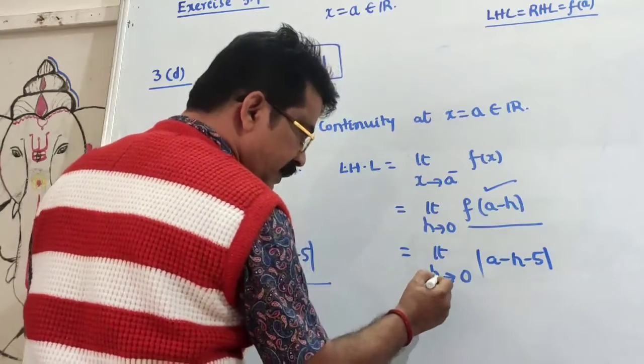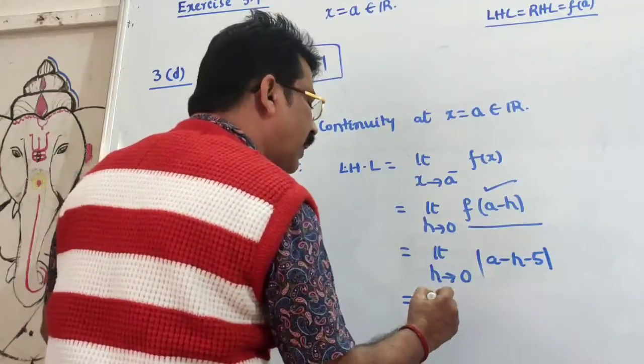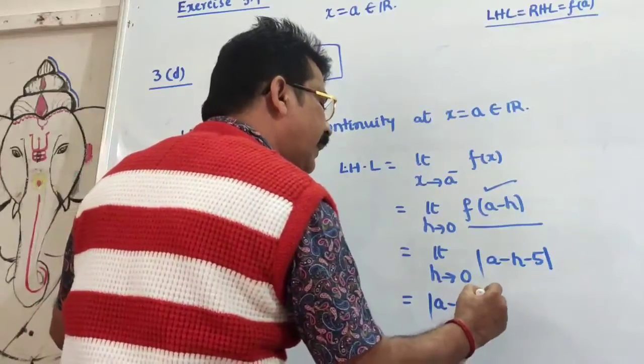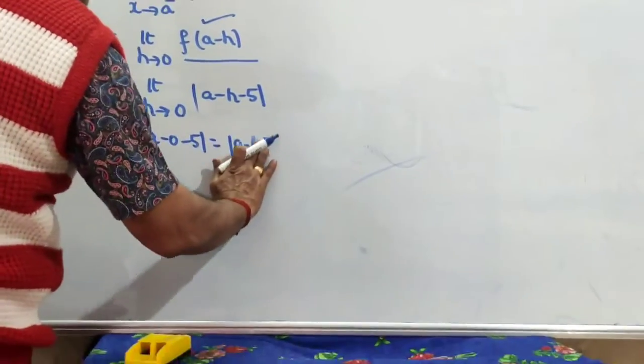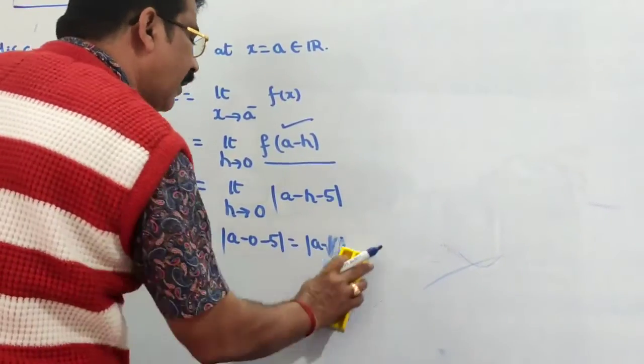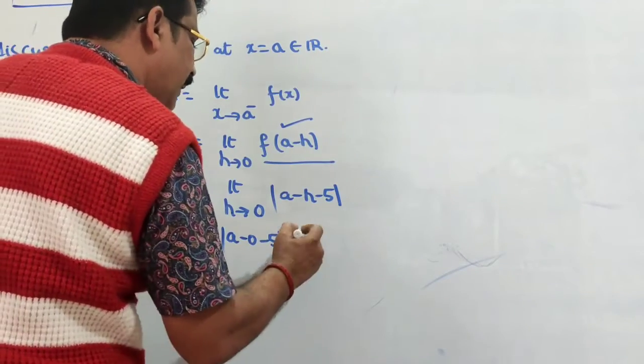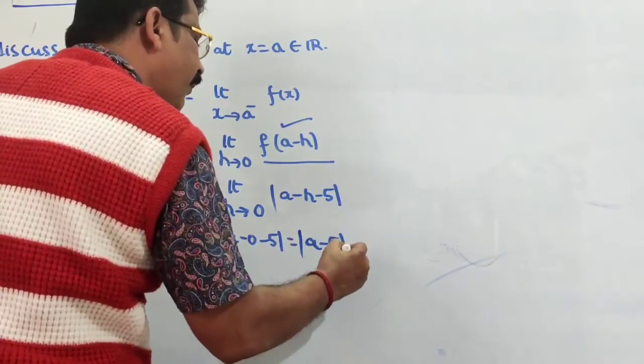Now just put h equal to 0, so modulus of a minus 0 minus 5, which is modulus of a minus 5.